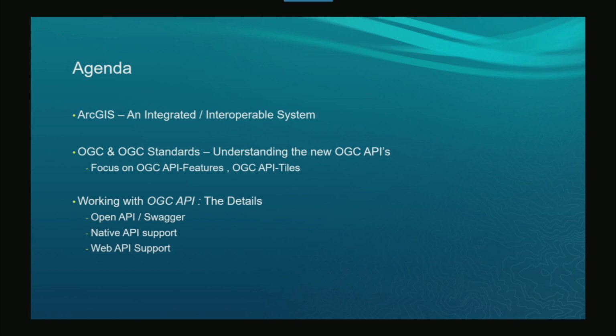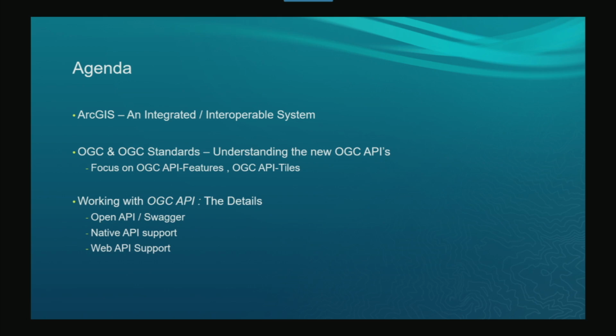Okay, again, since it's a developer conference, me in product management, I'll do a short introduction to set the ball rolling and then hand it over to Hisham and Richie so they can actually show you the working parts of the system here. So a simple agenda: a little bit of exposure to how ArcGIS is an integrated and an interoperable system. We're going to talk a little bit about the OGC standards that are currently being developed.